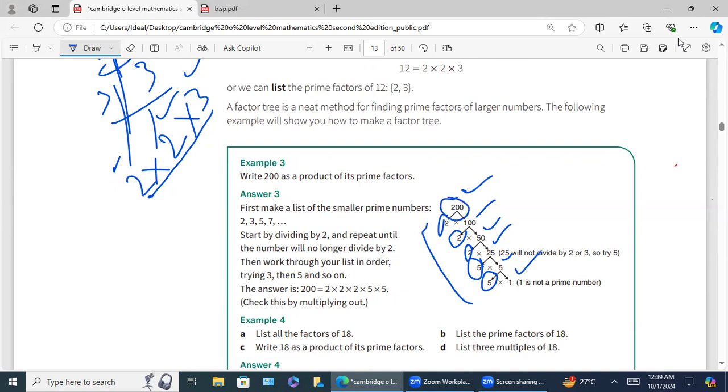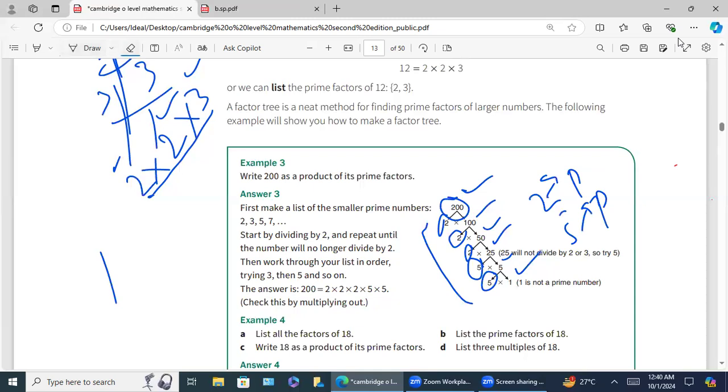These all are the prime factors of 200. You can see 2, 2, 2, and 5. 2 is a prime number, and 5 is also a prime number.